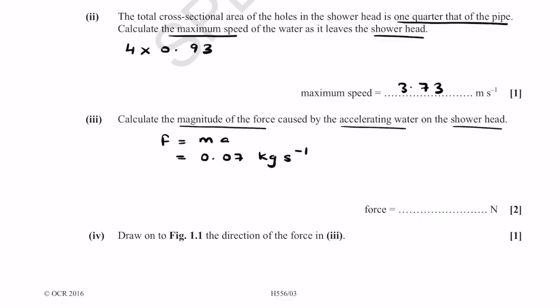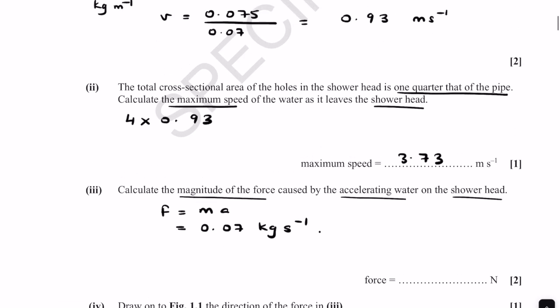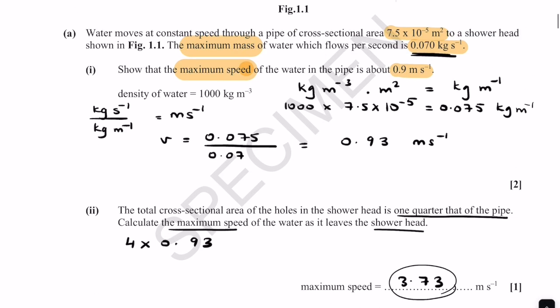To work out the acceleration, because this mass is already per second, I can just deal with the speed, the velocity. Now I know for a fact that the water is going out at that speed through the shower holes, and it was traveling into the pipe at that speed.